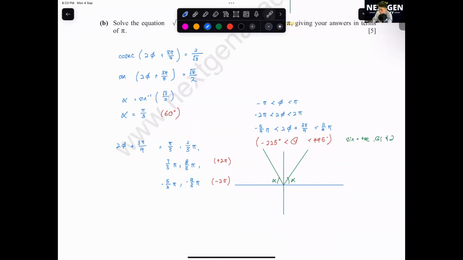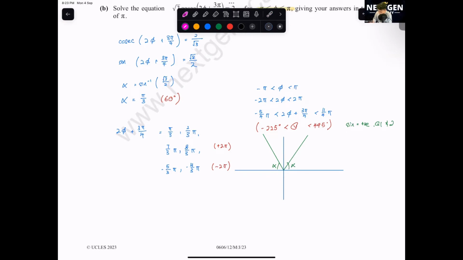Now, for all the values, you are going to minus 3 pi over 4, then divide by 2. What's the easy way to type it in? You're going to use the CALC method on your calculator.